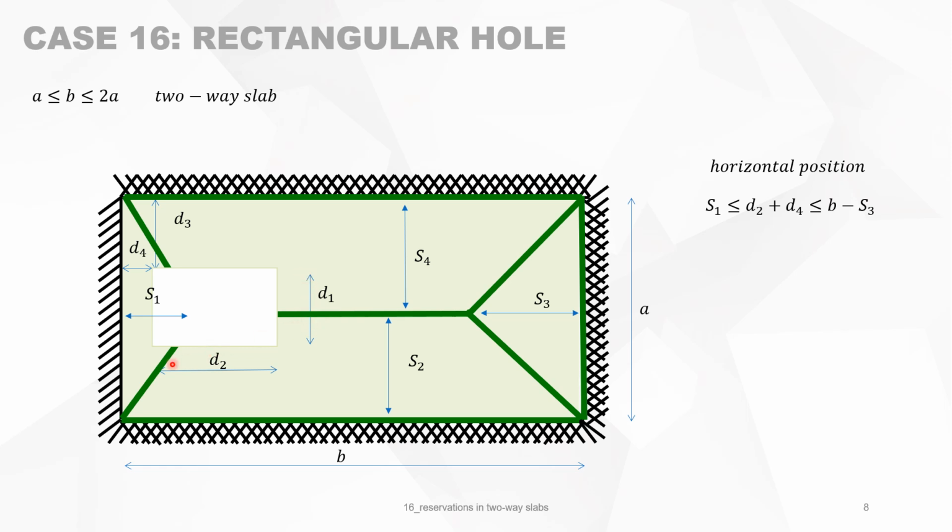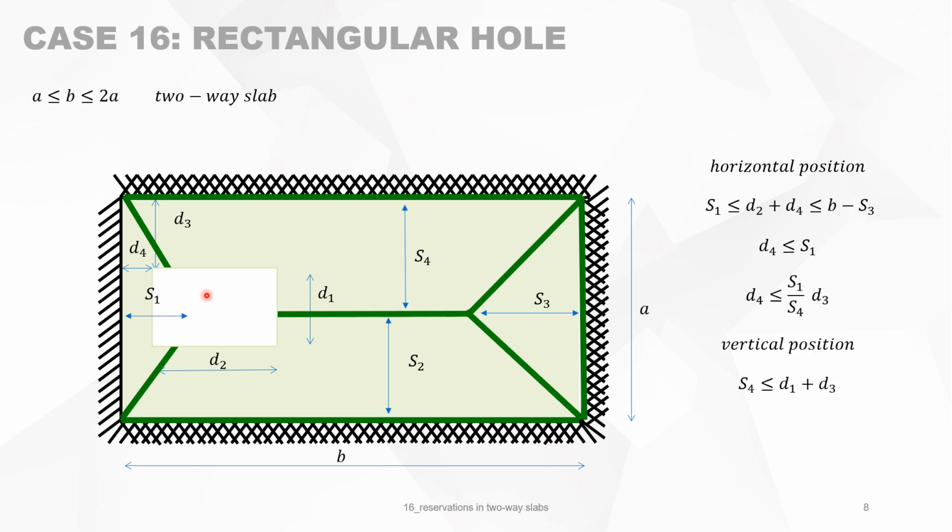This only shows that for a certain type of reservation, we can construct formulas. Of course, D4 must be smaller than S1, that's for sure. And D4 must be smaller than S1 over S4 times D3. It means that this point is on the left-hand side of this yield line.